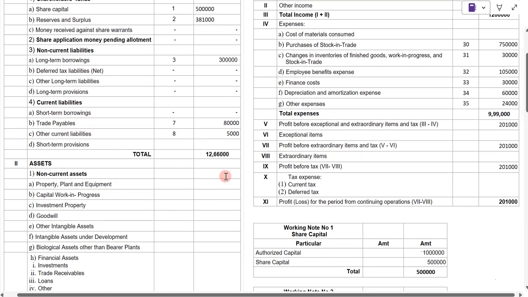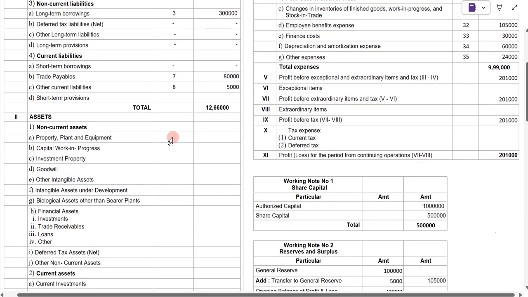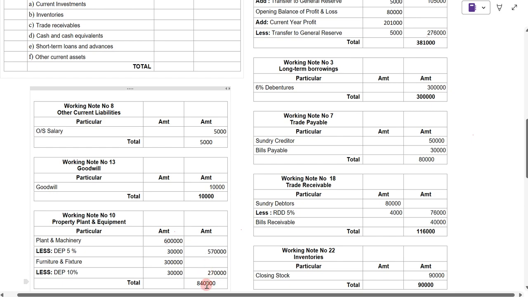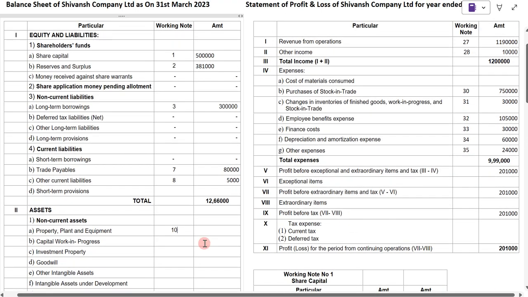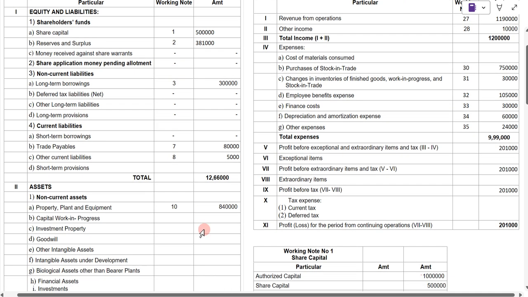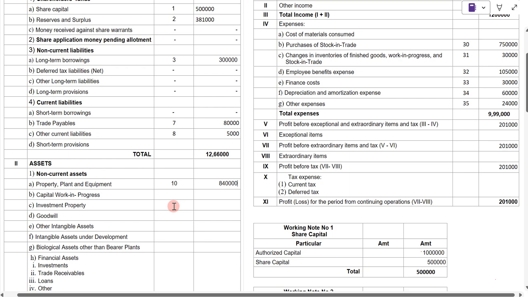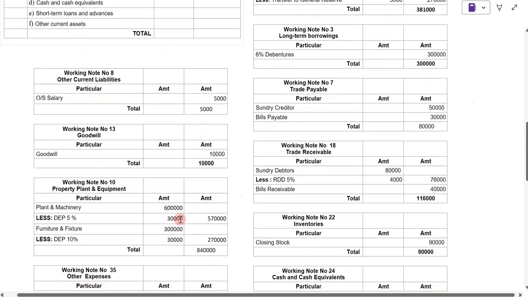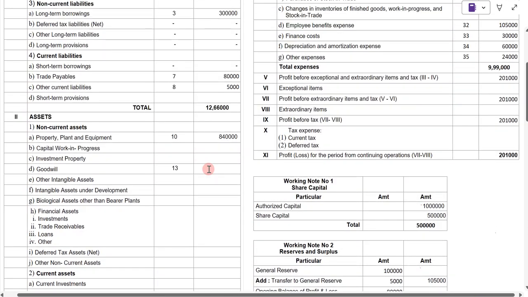Now we will pass all the entries of assets. Property, plant and equipment, note number 10. The total of note number 10 is 8 lakh 40,000. Next, goodwill, note number 13, 10,000.